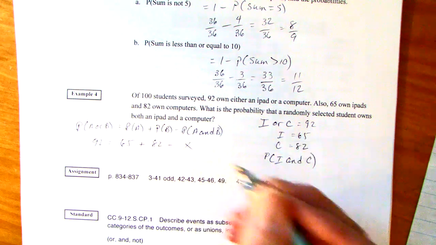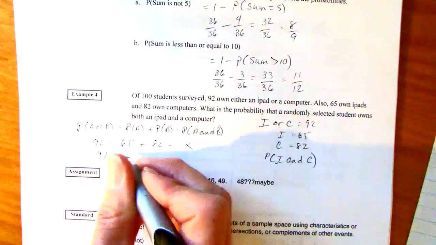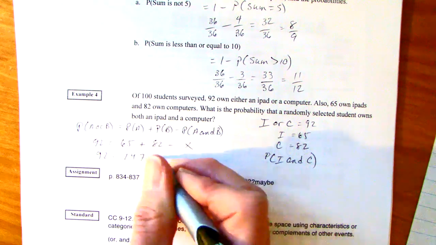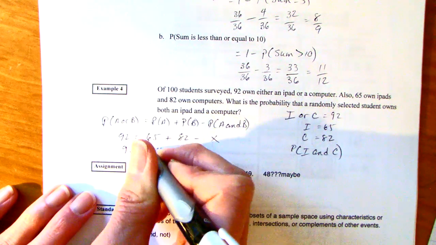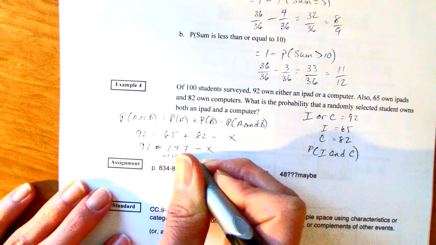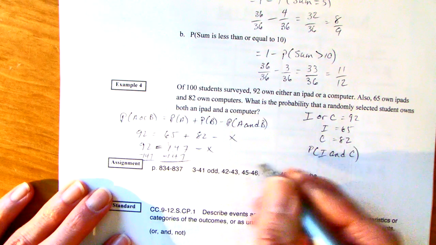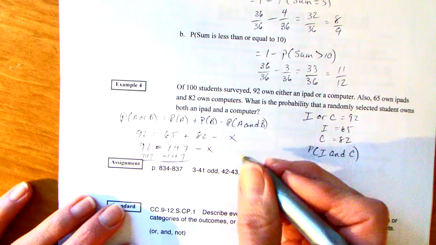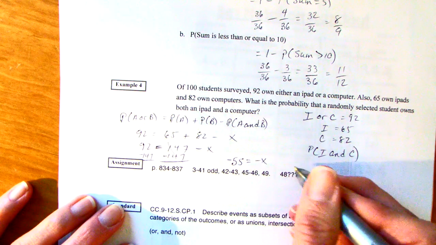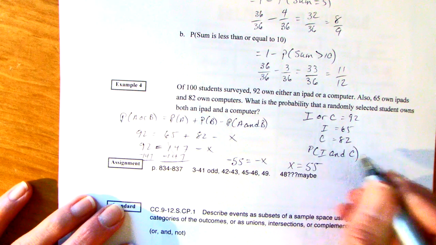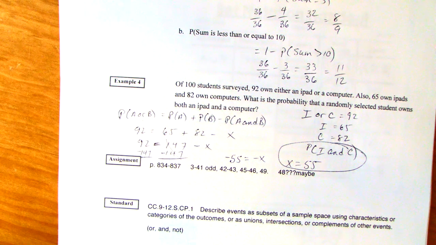So I'm just going to call this X. So let's add these two up. 92 is equal to 147 minus X. If I subtract 147 on both sides, naturally I ran out of space. I'll have negative 55 is equal to negative X. So that means X is equal to 55. And that's what I was looking for. What do you think? Pretty nifty, huh? Didn't see that coming.